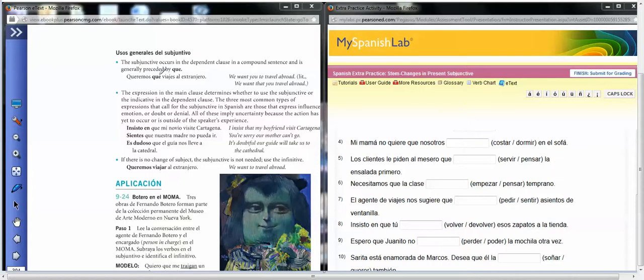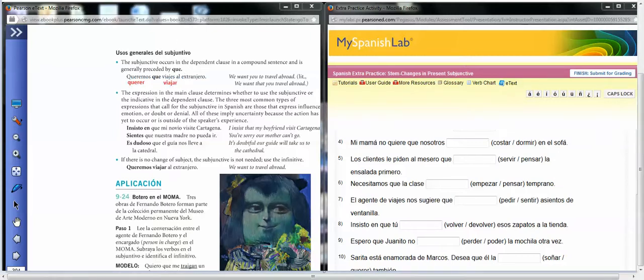So basically, the verb that's in the subjunctive, if you'll notice, this verb here, I can go ahead and write them. This one comes from querer. And this one comes from viajar, okay?